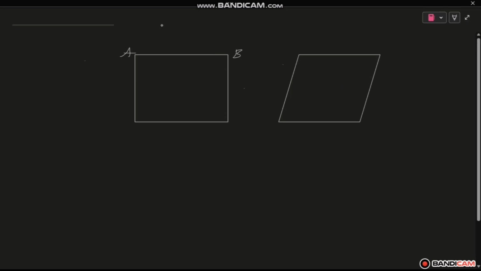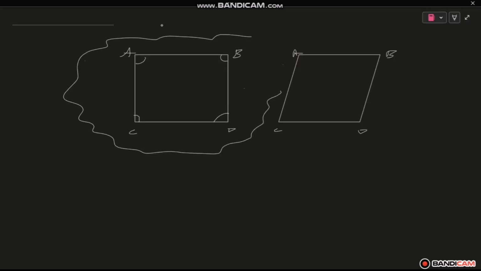So we have A, B, C, D. The most important thing here that you must know is that B is the opposite angle of C, A is the opposite angle of D. And this is known as a quadrilateral. Why? Because it has 4 sides. And you must know their properties.